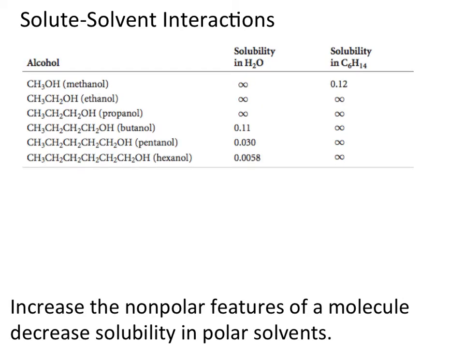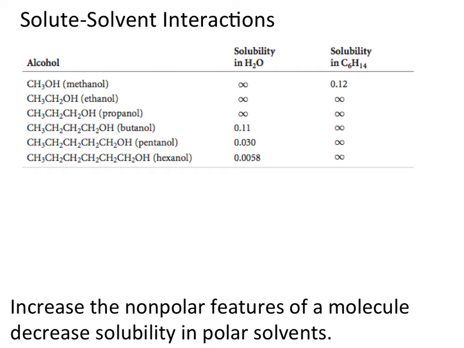Now that's not to say that solubility is always going to be only dictated by a polar moment on the molecule. In this case, we have a bunch of straight chain alcohols, methanol, ethanol, propanol, etc., all the way over to hexanol.